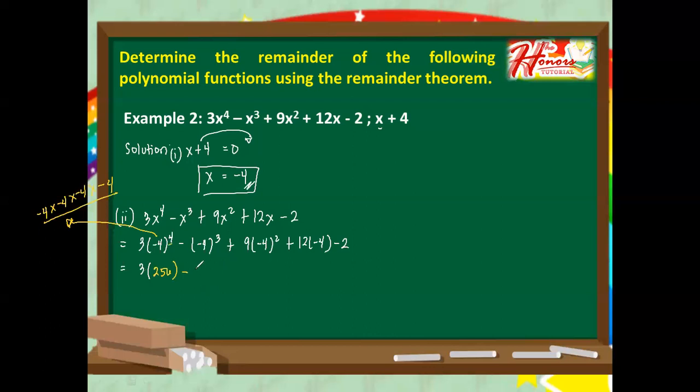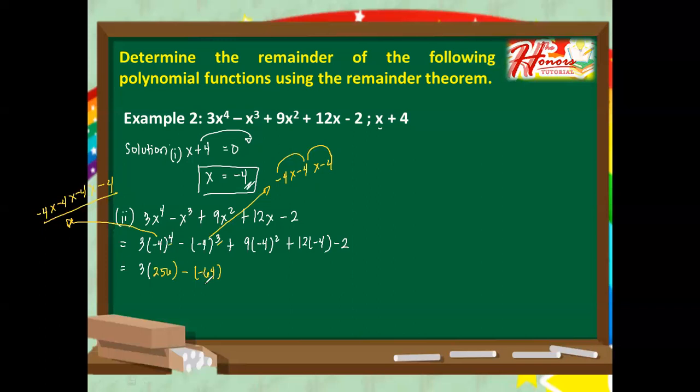That is equal to negative 64. Why is it negative? It is because your exponent here is an odd number. Let me show it to you. We have negative 4 times negative 4 times negative 4. Negative times negative is positive, positive times negative is negative.